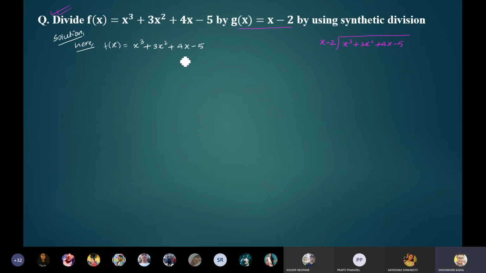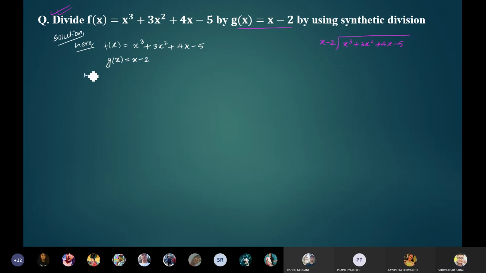Just concentrate here, and don't get distracted by the surrounding environment. Use your headphones, listen to my voice and watch the screen also. And g(x) equals x minus 2.